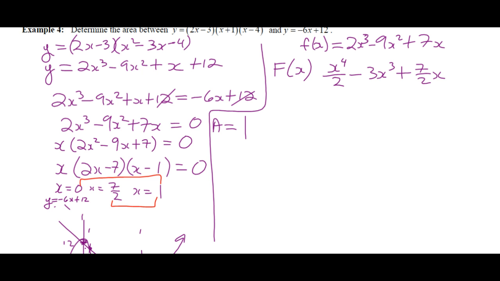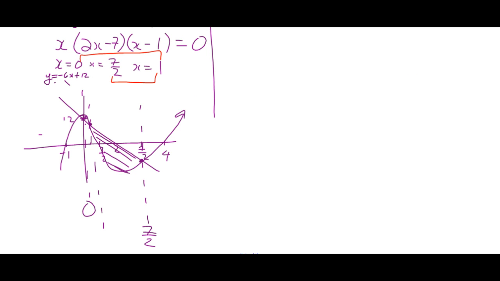So we've got f of 7/2 minus f of 1 plus f of 1 minus f of 0. Okay? So we're working out 2 separate areas, which in our diagram corresponds to these 2 separate areas. So from 1 down to 0, and from, that's just a bad drawing, that should be like that, and from 7/2 to 1.